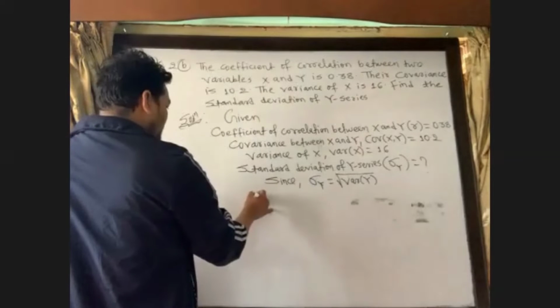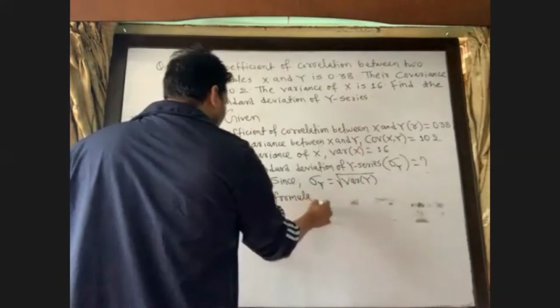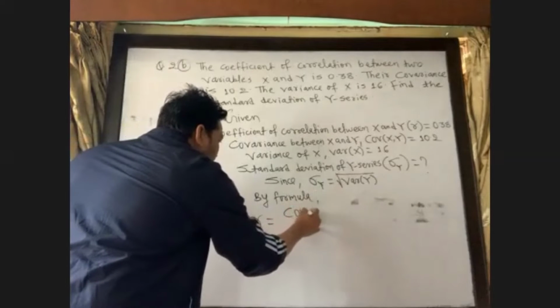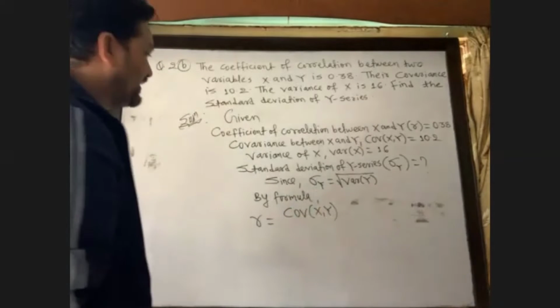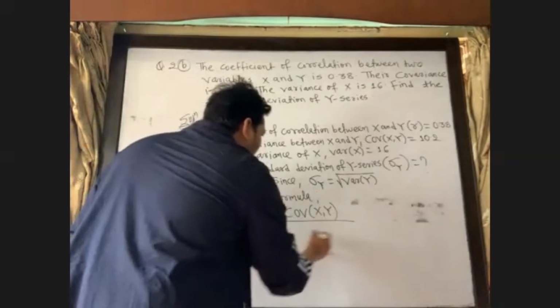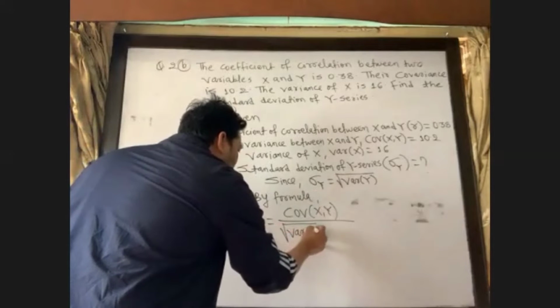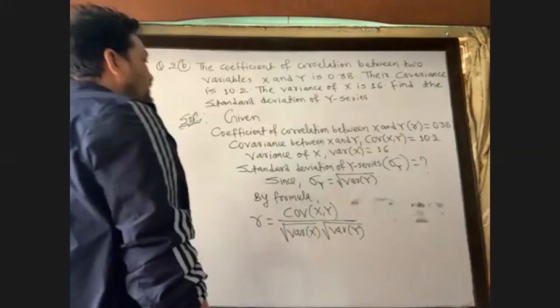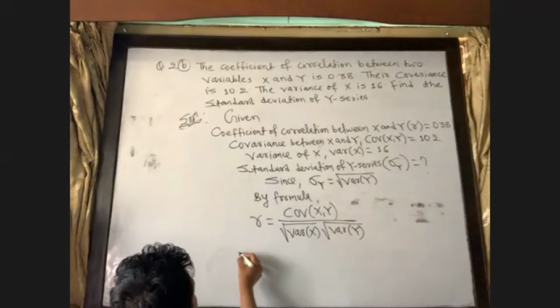Let's see by formula. The formula we just used: r is equal to COV of x, y, the covariance between x and y, divided by square root of VAR of x, then square root of VAR of y. How can we modify this formula?